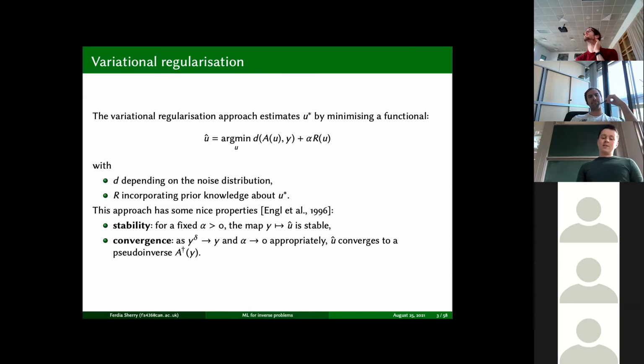It might be slightly complicated to give in full detail, but the idea is that if you have noisy measurements and you let your noise go down to 0, you can choose your regularization parameter in such a way that this estimated image converges to a pseudo inverse. So you could think of this as statistical consistency.